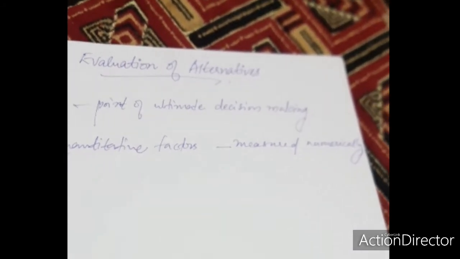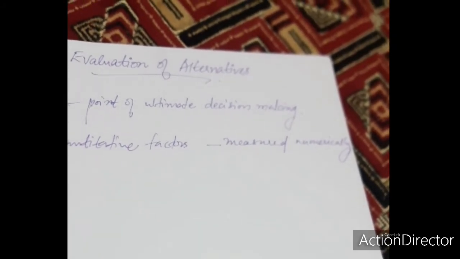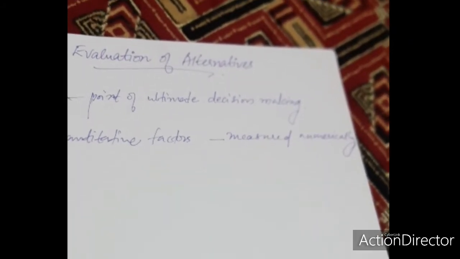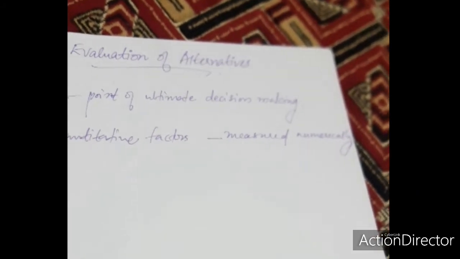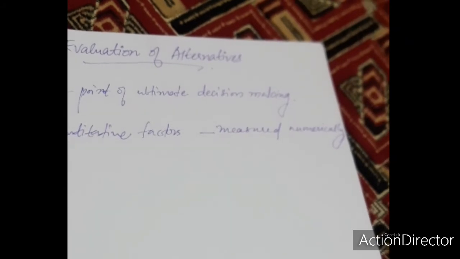For example, the number of units sold. In a shop, if you sell 1 kilogram of sugar, that is having some numerical value, right? So that is a quantitative factor.